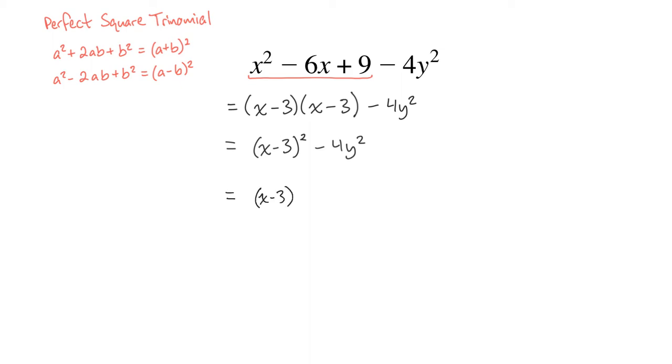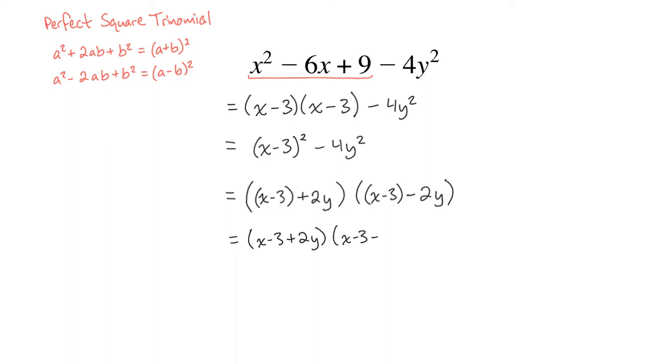And we're looking for the square root of 4y squared, so that is just 2y. And we need to add those, and we're using those exact same things in the next bracket. So x minus 3, but this time we're going to subtract 2y. And we can get rid of those brackets around the x minus 3. So this would be our final answer: x minus 3 plus 2y times x minus 3 minus 2y.